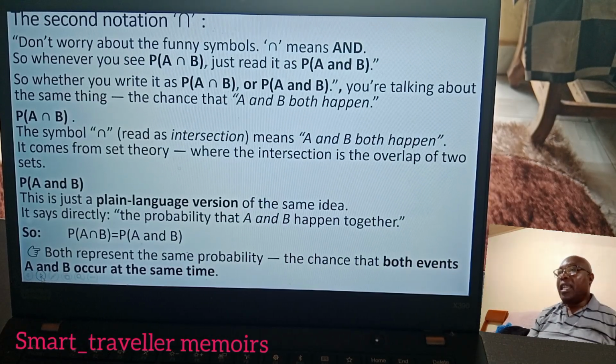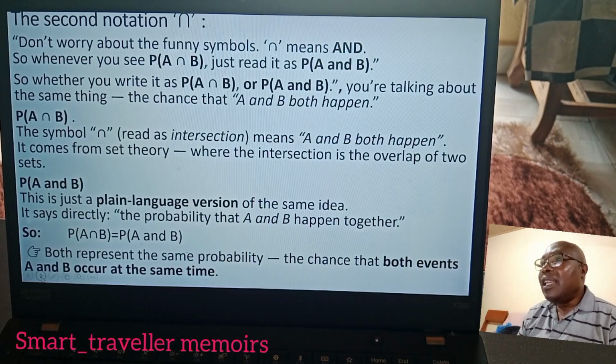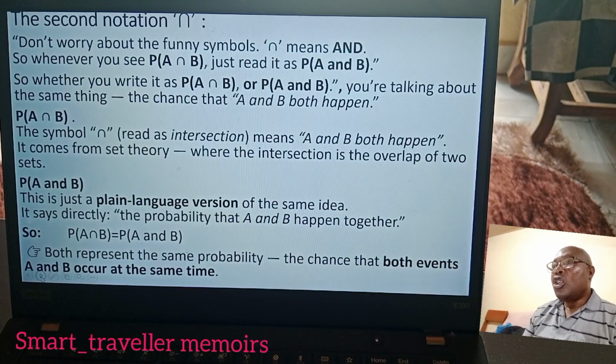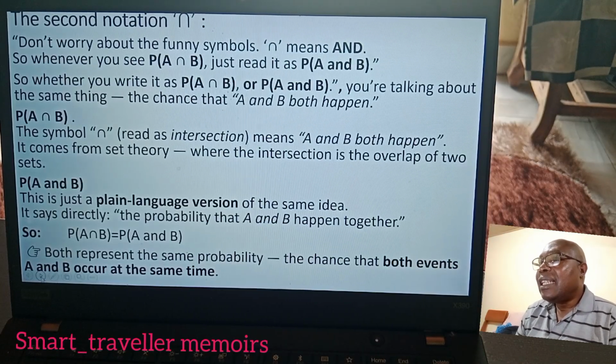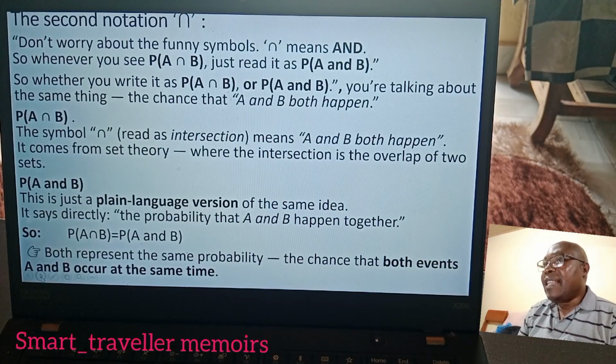So whenever you see P(A inverted U B), or you can call it A N B, just read it as P(A and B). Whether you write it as P(A inverted U B) or P(A and B), you are talking about the same thing: the chance that A and B both happen.